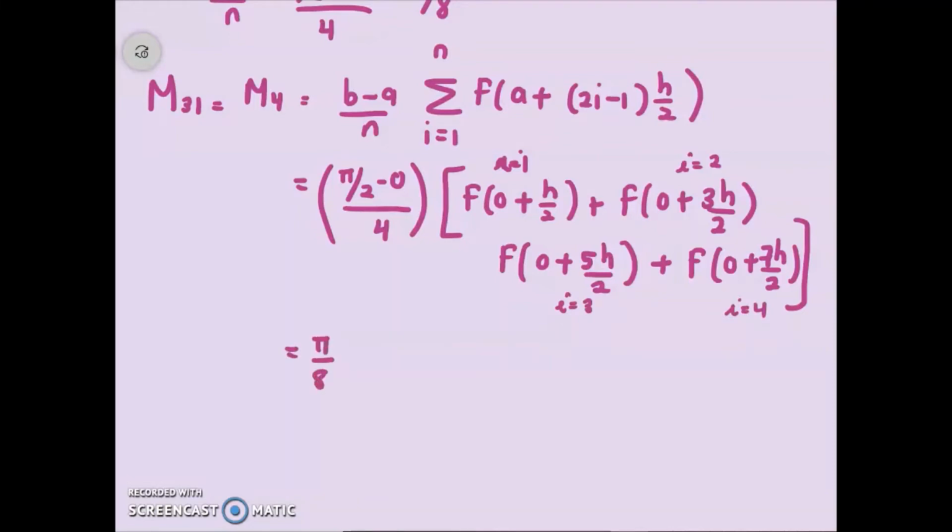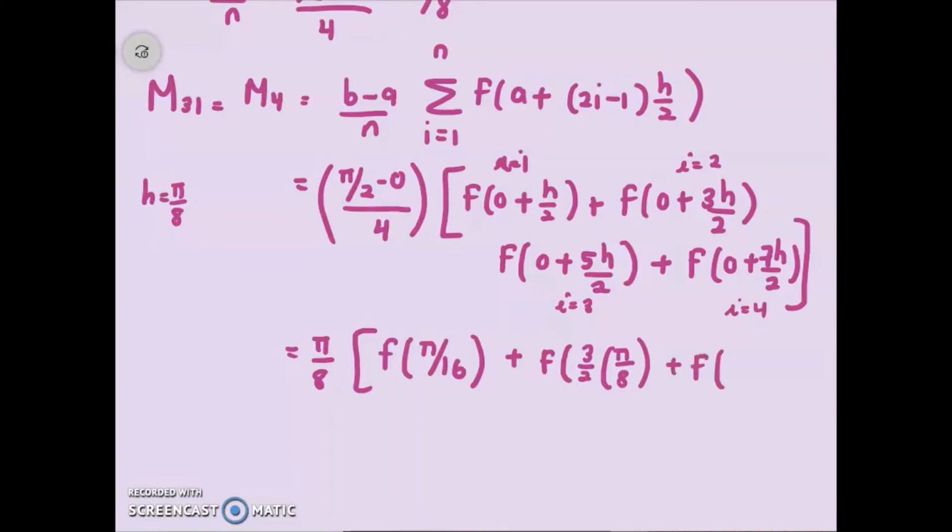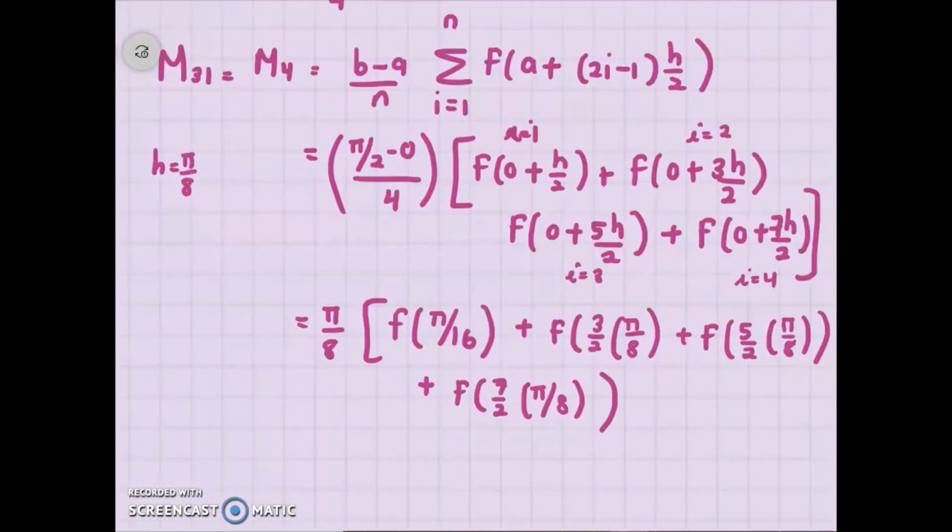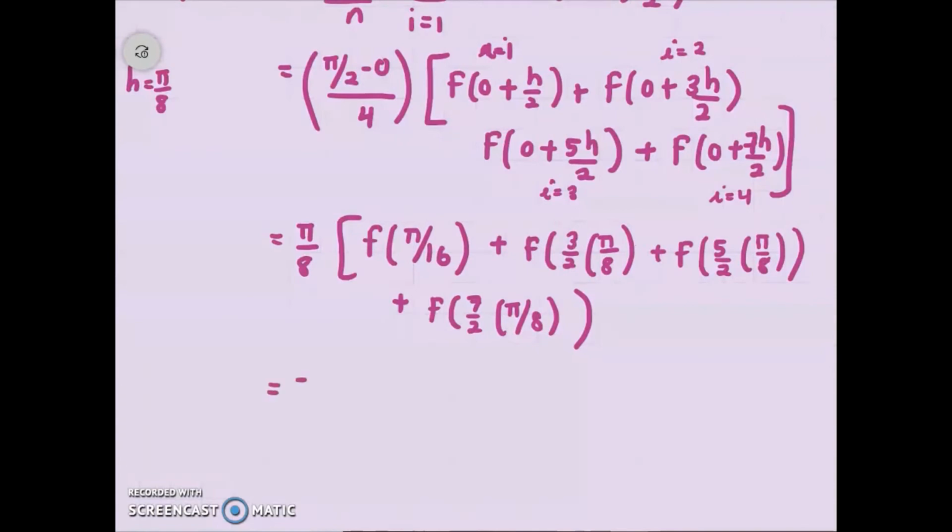What we have here, h is pi over 8, so h over 2 is pi over 8 divided by 2, which is pi over 16, plus f of 3 over 2 multiplied by pi over 8, plus f of 5 over 2 multiplied by pi over 8, plus f of 7 over 2 multiplied by pi over 8.